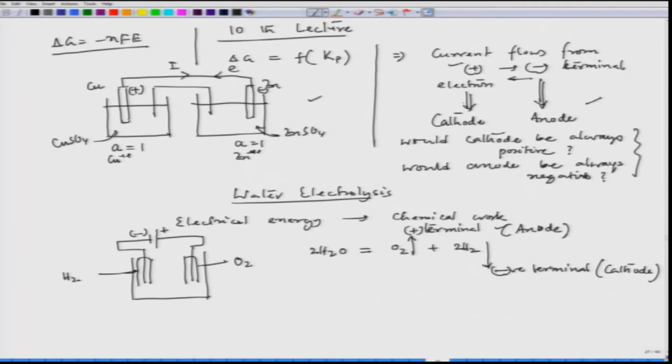That means the sign has changed for cathode and anode. So, it is not the same. In case of electrolysis, we see that the cathode is the negative terminal. Why? Because as per the convention, current flows from positive to negative terminal. So, here current flows this way.